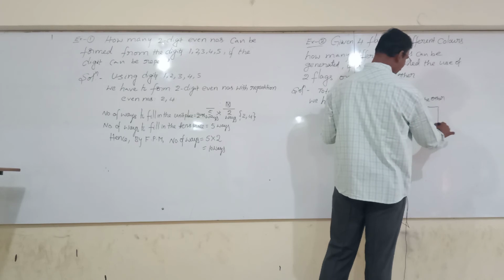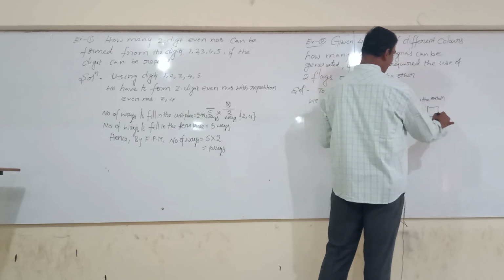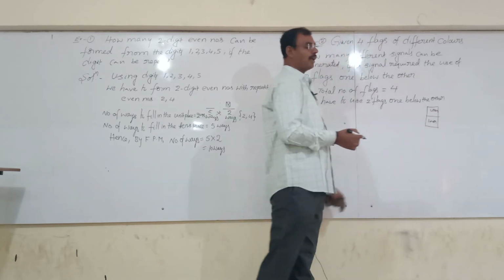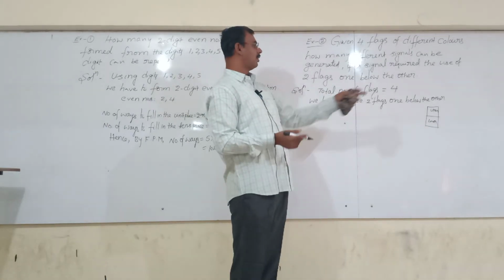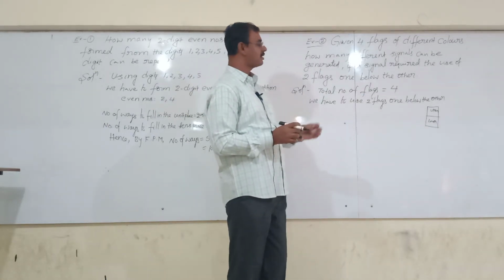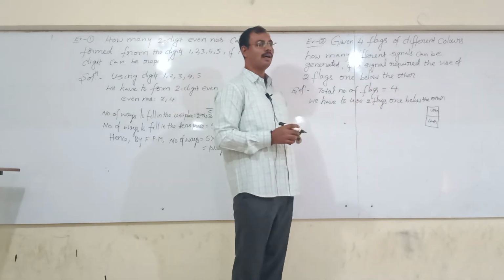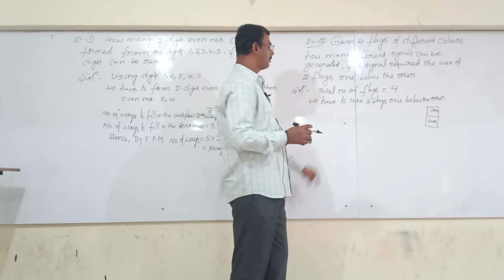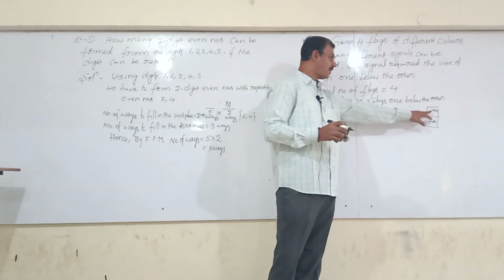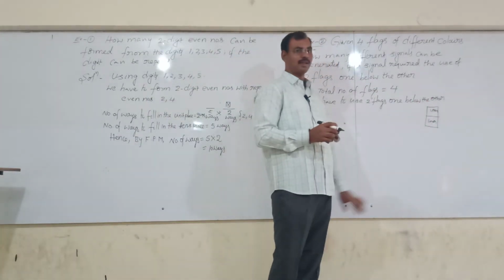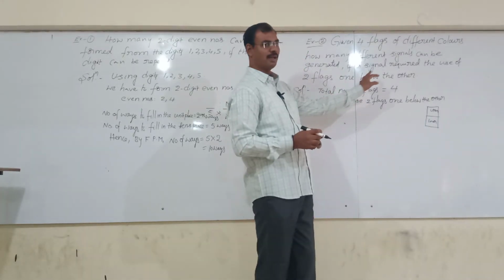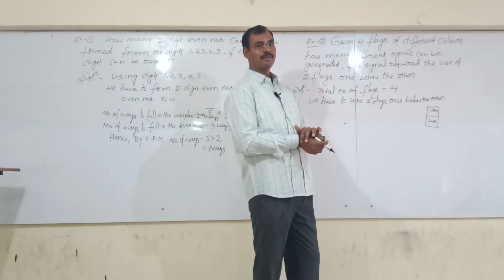For the sake of understanding, I take flag 1 below the other: this is the upper position, this is the lower position. Total number of flags is 4. How many ways to choose the first flag?